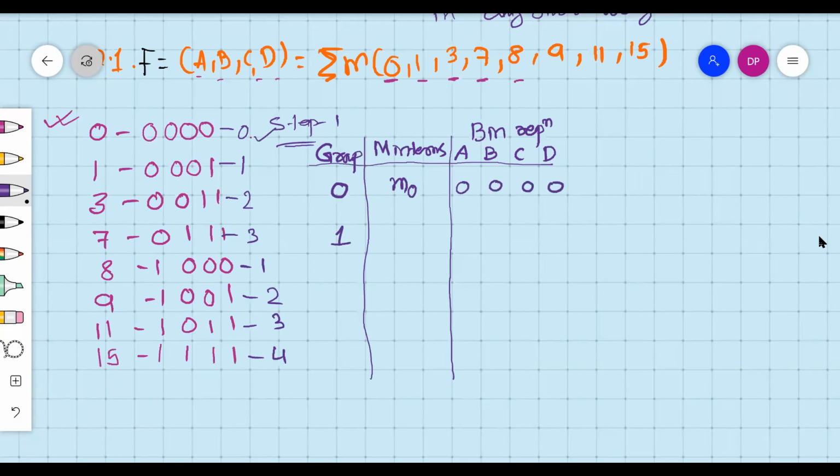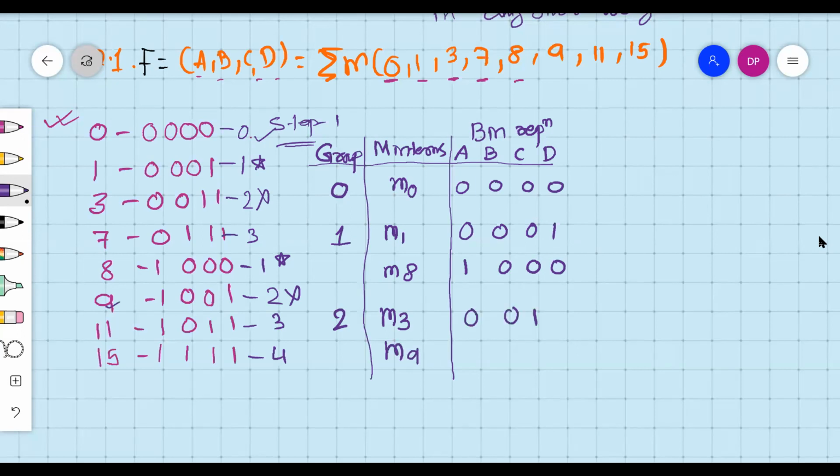Then I'll write group 1. Group 1 means this one and this one, so it is M1 and M8. M1 means 0001 and M8 means 1000. Then group 2: these two min terms are M3 and M9.